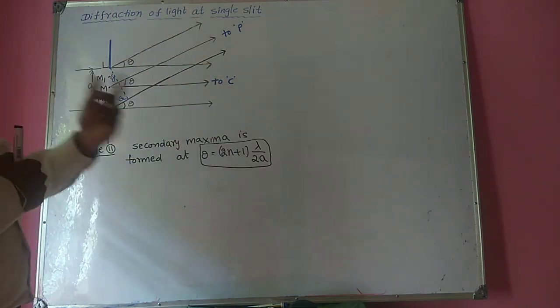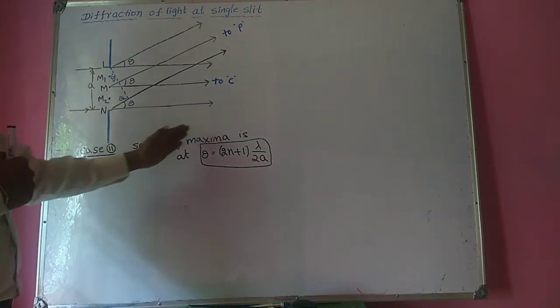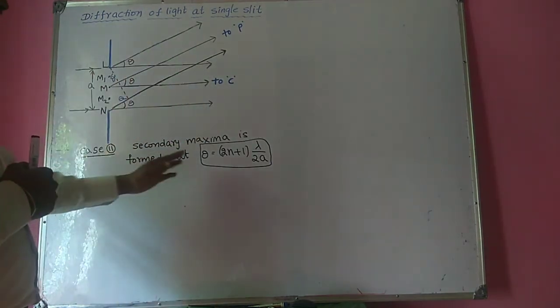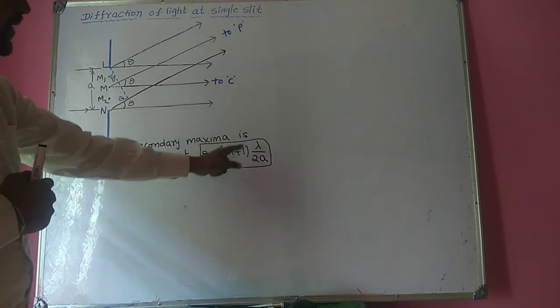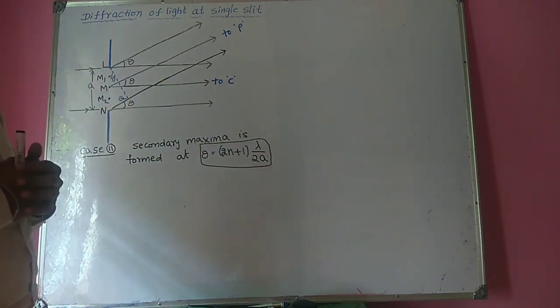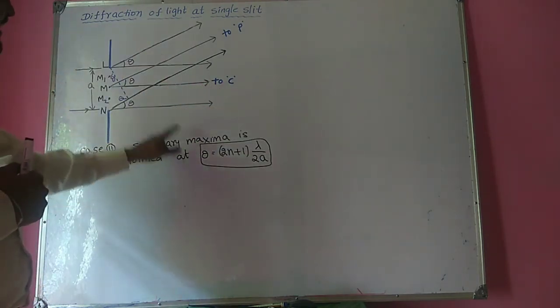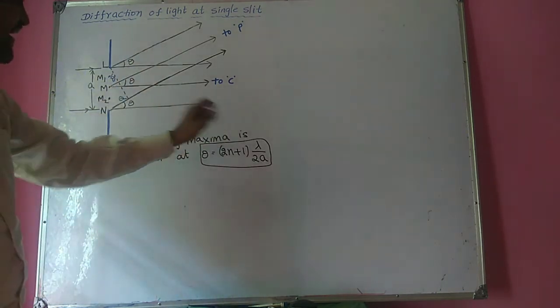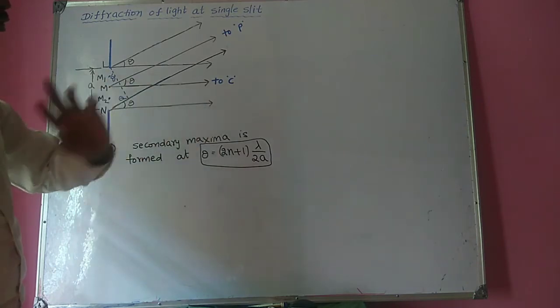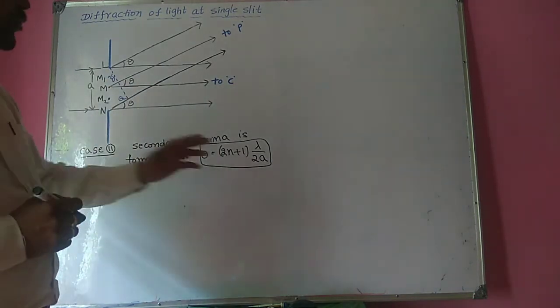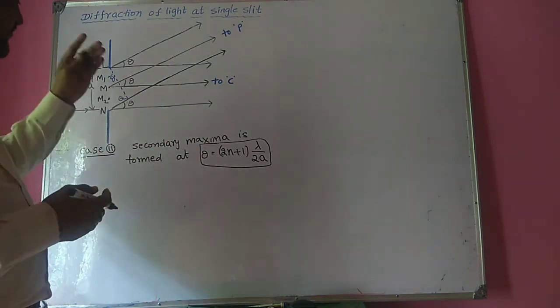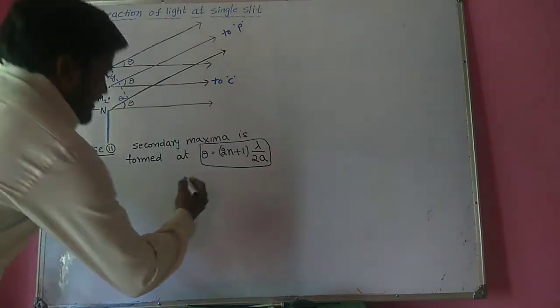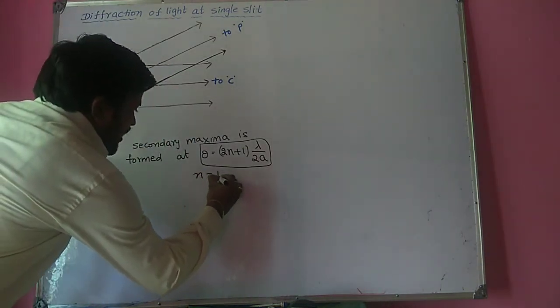Next let us discuss another case, that is the secondary maxima, which is formed at theta is equal to (2n plus 1) into lambda by 2a. Already the central maxima is formed when theta is equal to 0, that we have discussed. Now for simplicity, for the first secondary maxima, let us take n is equal to 1.